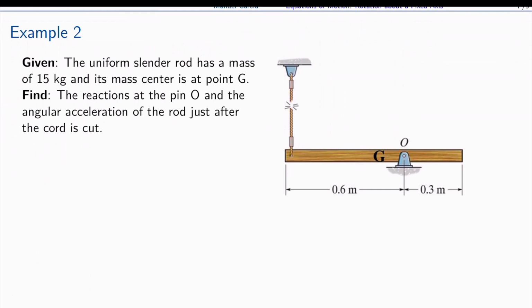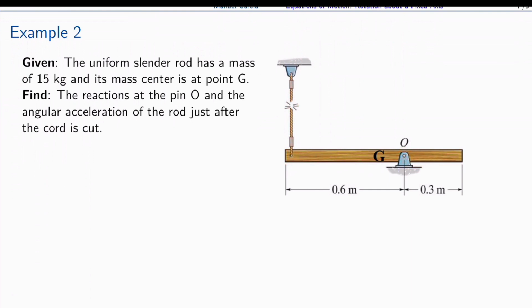In this example, we have a bar, and the bar is pivoted at this point O, which is at a distance of 0.3 meters from one of the sides and 0.6 meters from the other side. This is originally maintained in a horizontal position by a rope, but eventually the rope is cut.